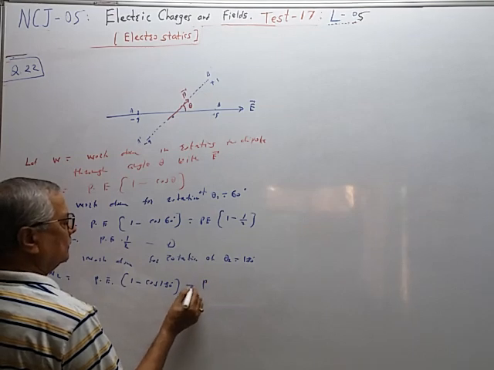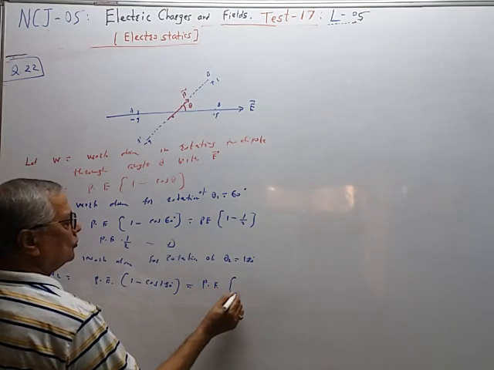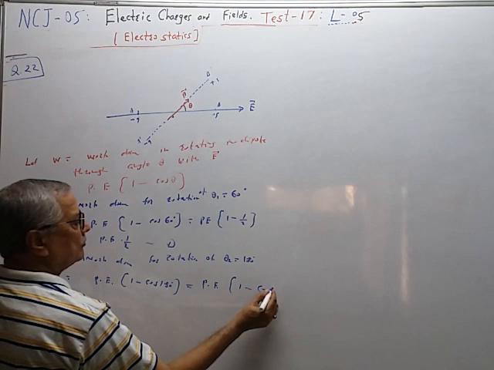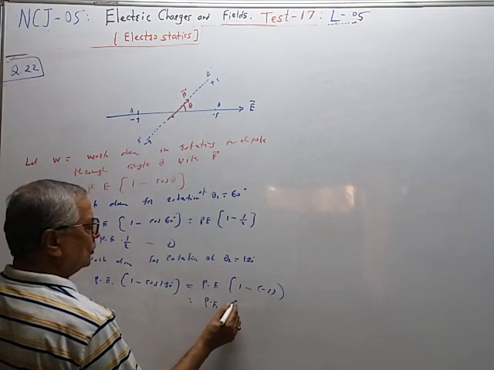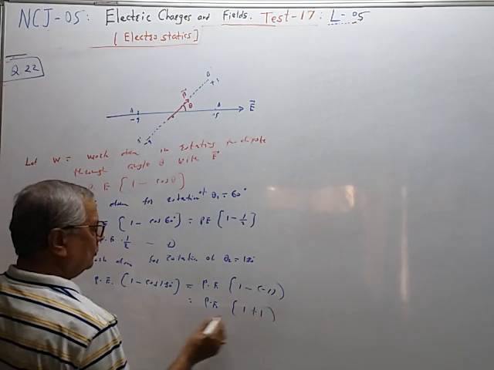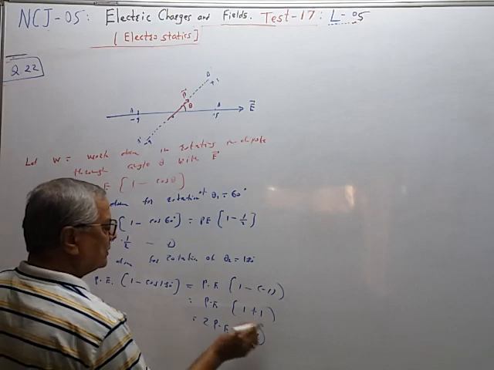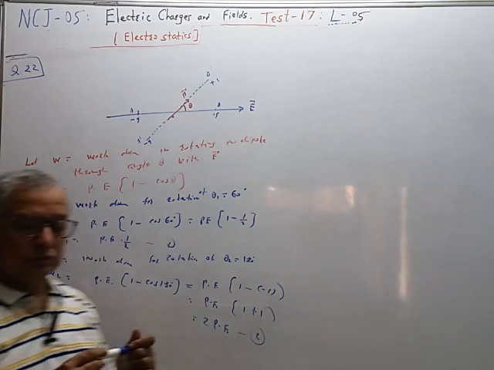So this is equal to P into E into 1, and cos of theta is minus 1, so this will become minus minus plus. So P E into 1 plus 1, so that is equal to 2 times P E. This is equation 2nd.